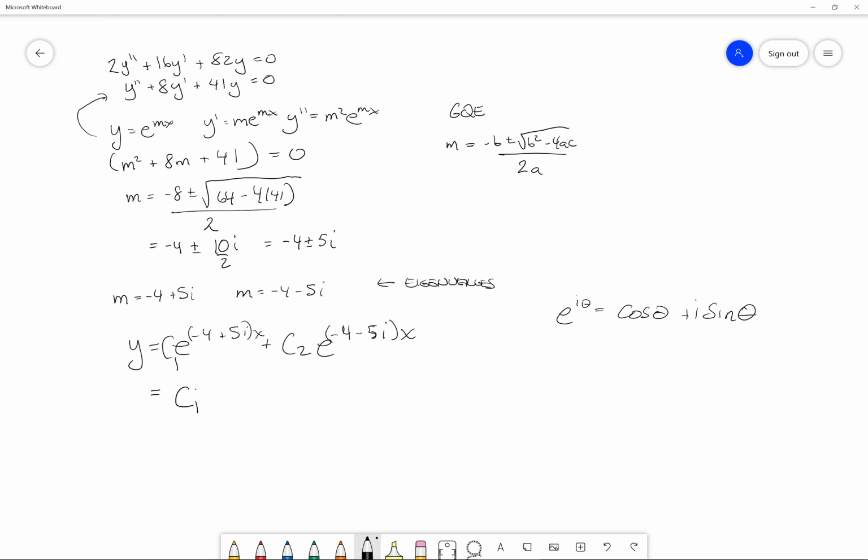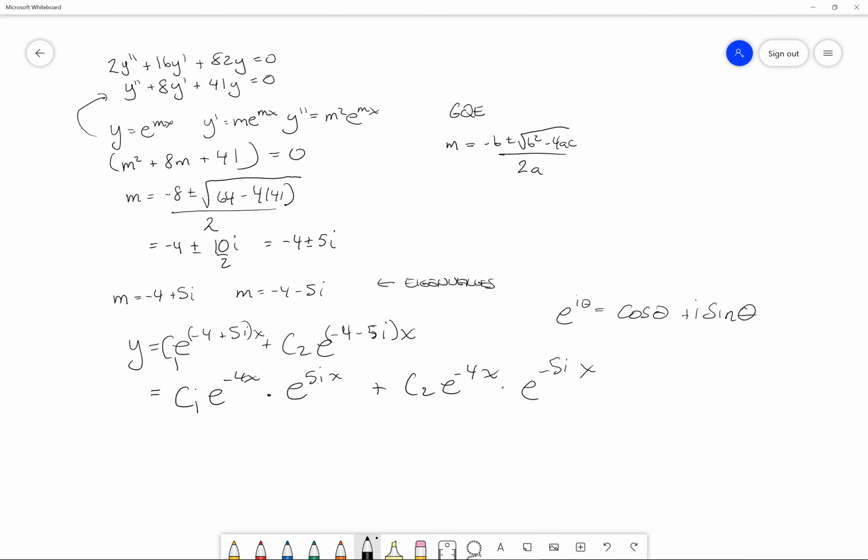So it becomes C1 e to the negative 4x times e to the 5ix, that's the first one, plus c2 e to the negative 4x times e to the negative 5ix.